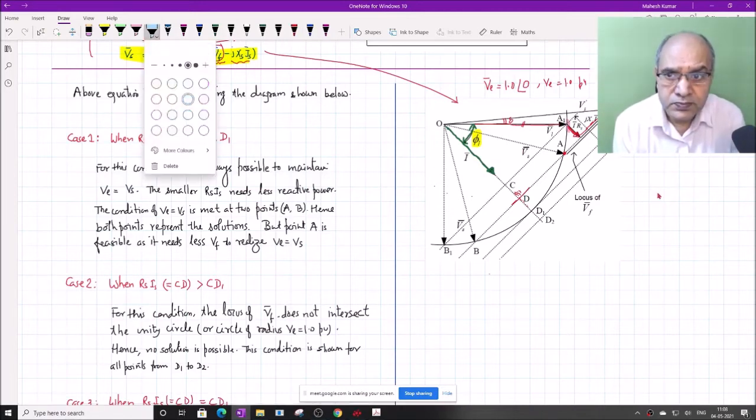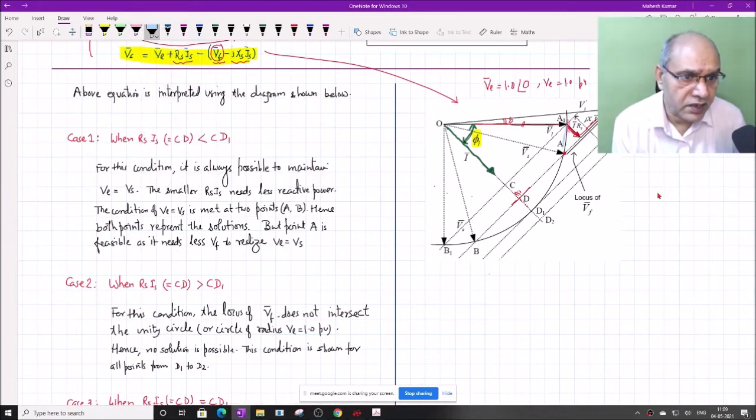Okay, and we can see that if we don't want this BS dash to be different from BL, then I have to move from here to here till I intersect the circle of unity radius at this point, or I will extend further.